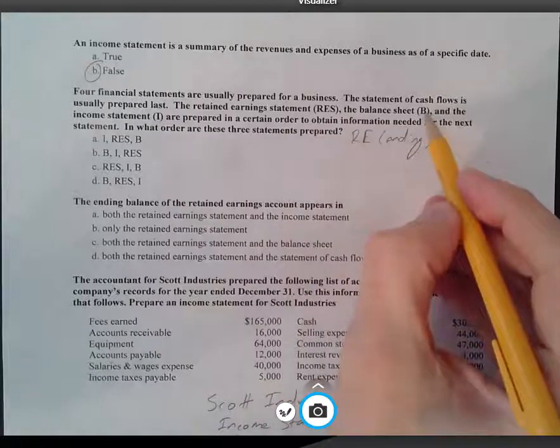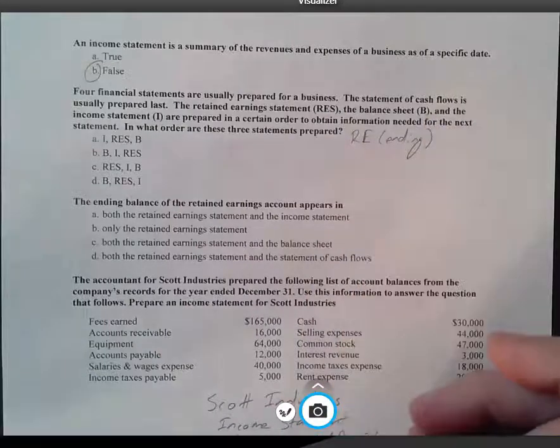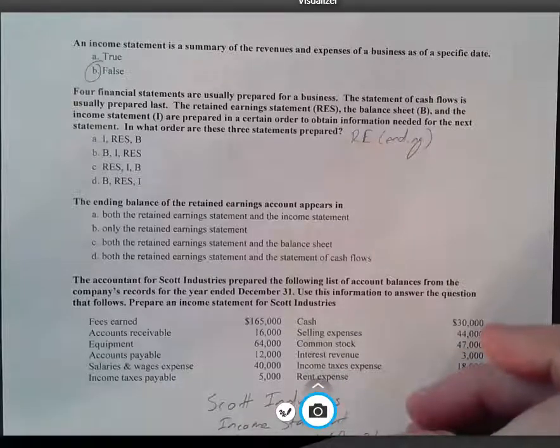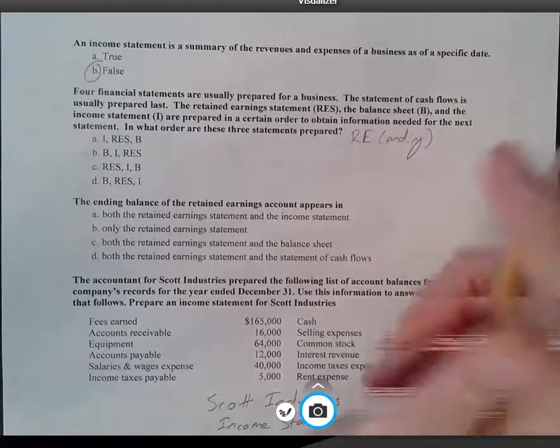That's where most users of the financial statements are going to look to find ending retained earnings. So that would seem to indicate that the balance sheet is kind of the final resting spot for retained earnings. So whatever selection we make here, it better end in the balance sheet, and there are 2 of them that do.